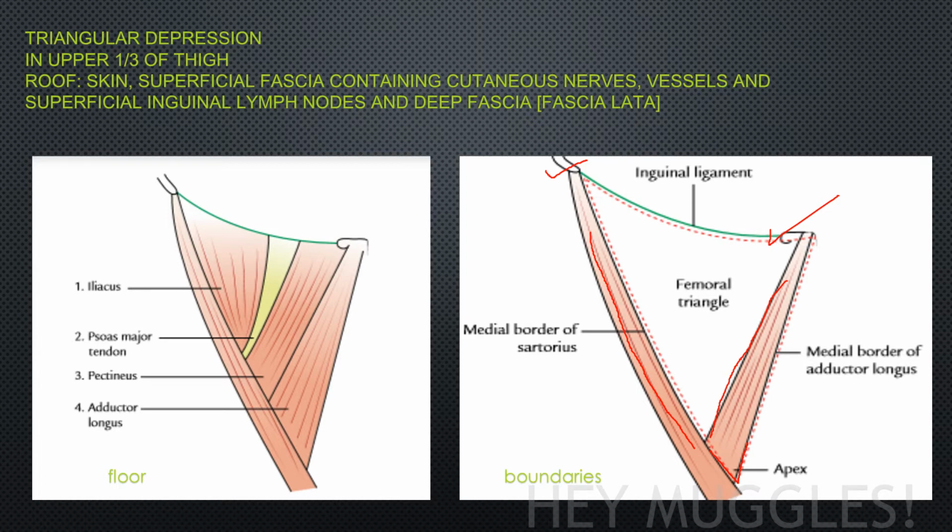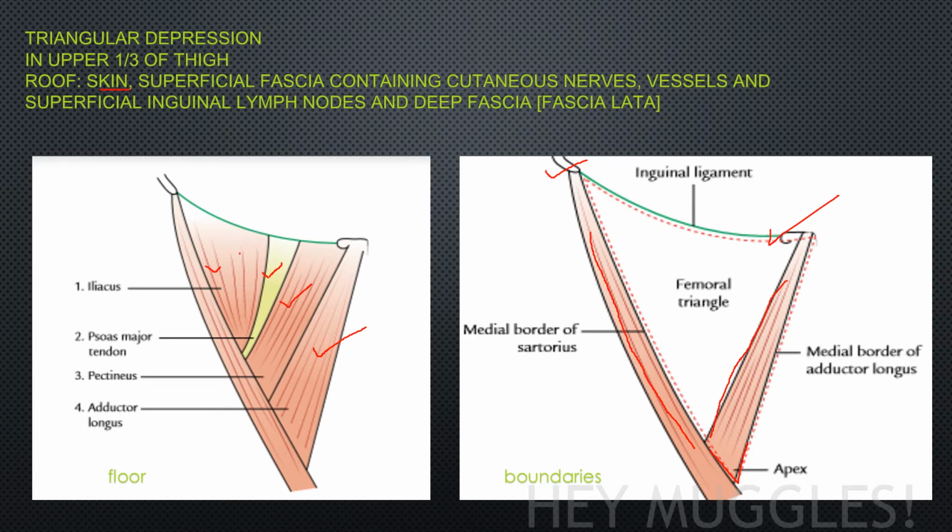The floor of the femoral triangle is muscular. From lateral to medial, it is made by iliacus, tendon of psoas major, right? Pectineus and adductor longus muscle. Okay. Coming to its roof, the first layer is your skin, right? The first layer is made up of skin.